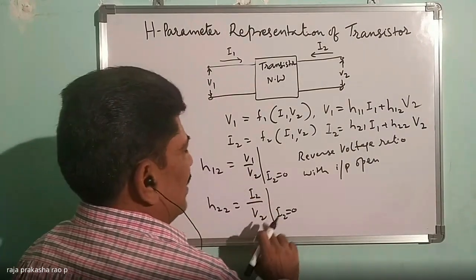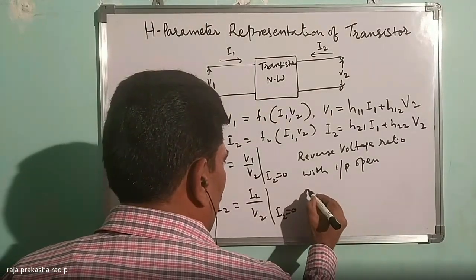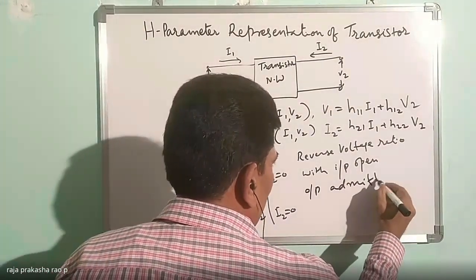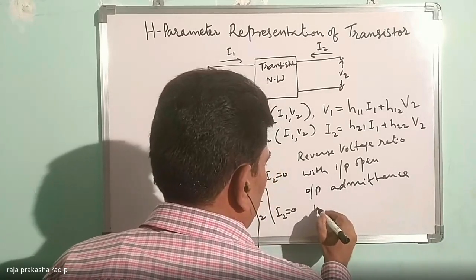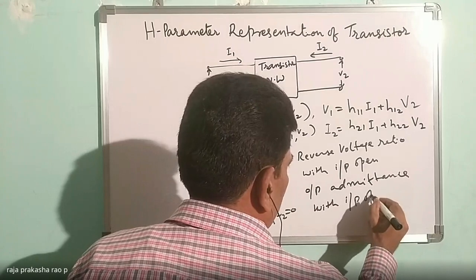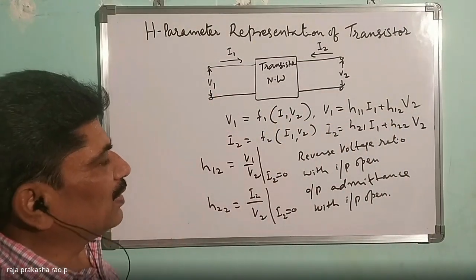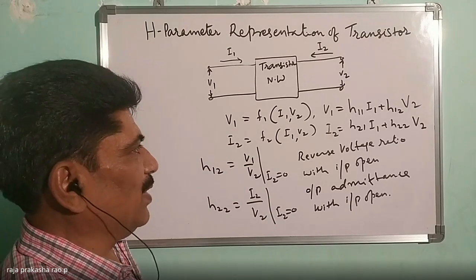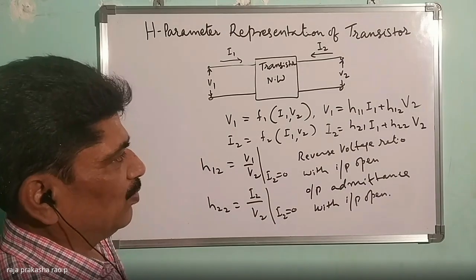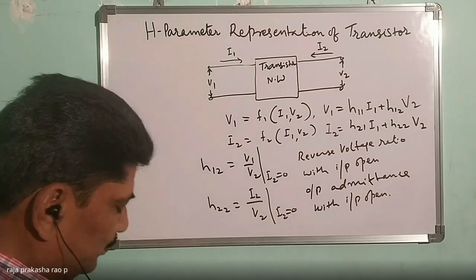So this is called the output admittance. I2 by V2 is the output admittance with input open. So by short circuiting the output, that is putting V2 equal to 0, we got two parameters, H11 and H21, and by opening the input port, we got two parameters, H12 and H22.